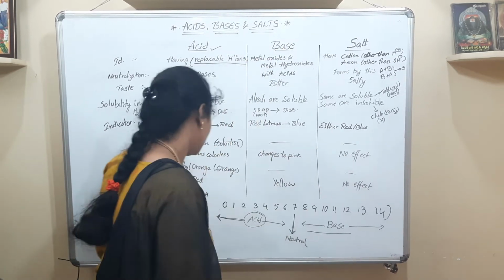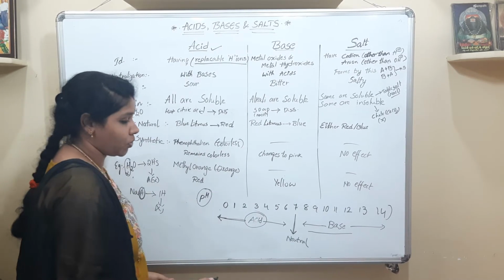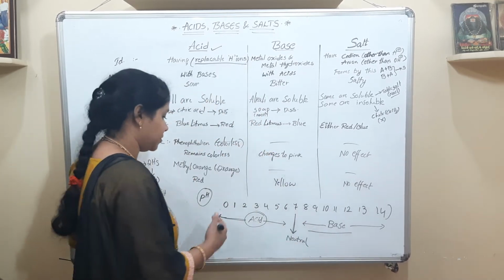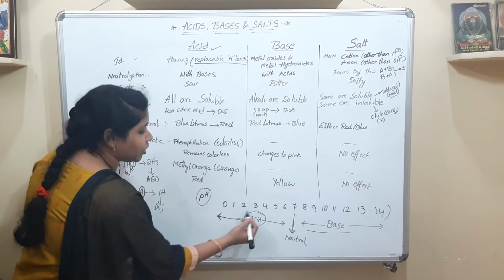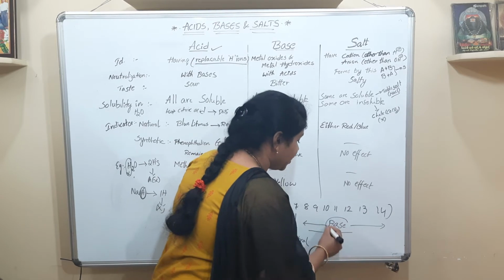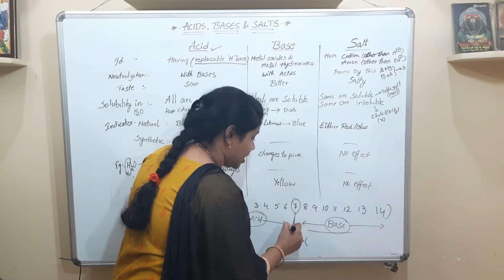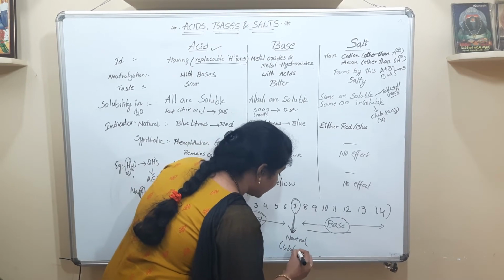And we have another way of determining a compound, by knowing the pH value of a compound. If the pH value lies between 0 to 7, then the compound is said to be acidic. If the value lies between 7 to 14, then the compound is considered a base. If the value is 7, then it is considered a neutral compound. The general example of a neutral compound is water.